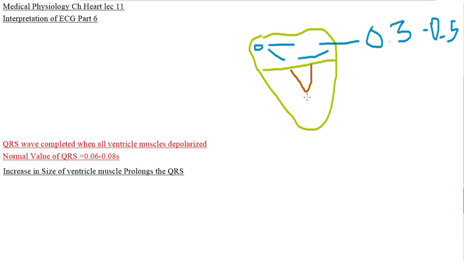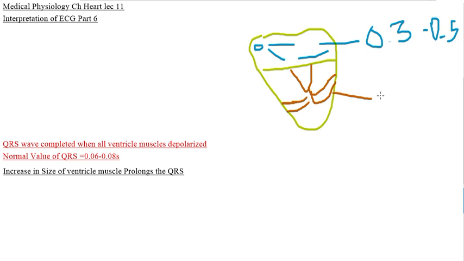Whereas our ventricles consist of Purkinje fibers, Purkinje bundles. If this is the Purkinje bundle that travels towards the right ventricle, and another Purkinje fiber that travels towards the left ventricle, they have large gap junctions, large size. As a result, the speed of conduction in these ventricular Purkinje fibers is high, and Purkinje fibers are only present in ventricles. These are not present in the atrium.